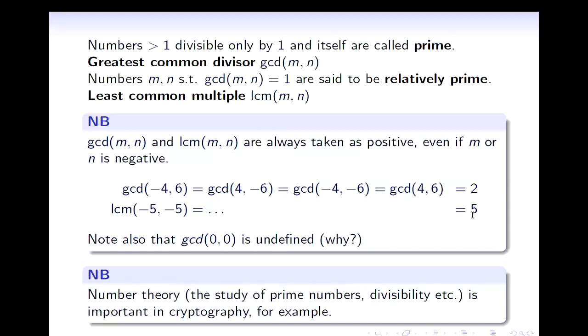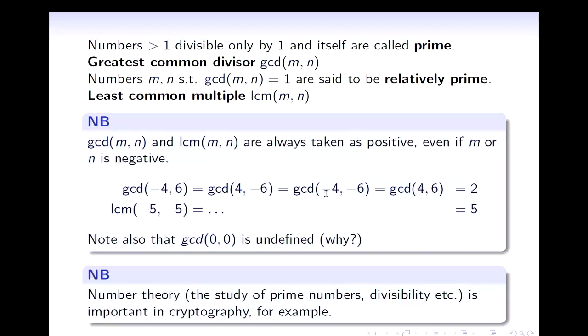And therefore, there is no greatest common divisor. It can be an arbitrarily large number. We have to make sure that we treat this as a special case, and by definition, we say greatest common divisor of 0 and 0 doesn't exist. And that tells us that you can't divide 0 by 0.